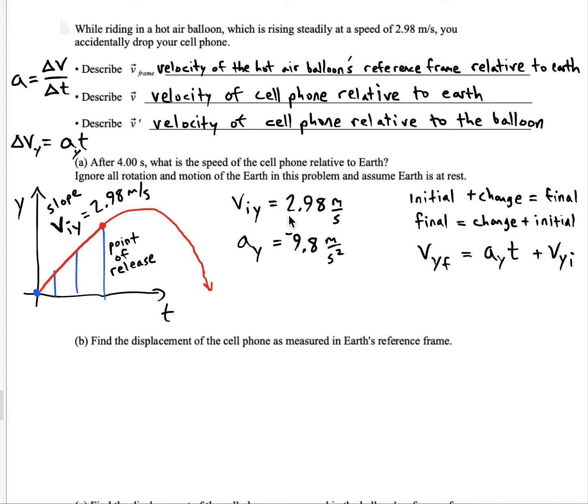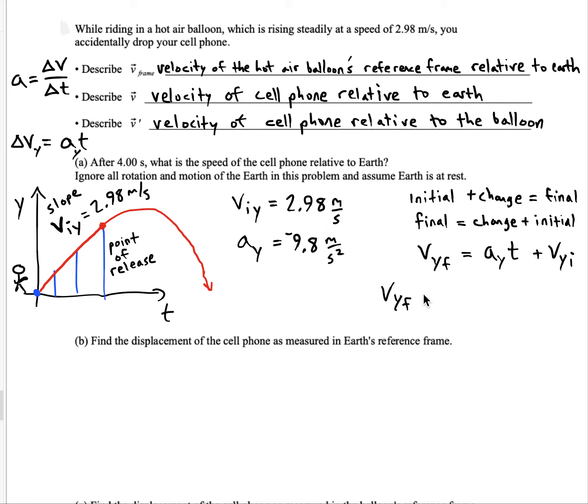All right, we assume that the cell phone is moving relative to a person who's watching it from ground. So if a person is standing here on ground, stationary, they believe that cell phone is traveling upward when it's released. And so when you do the calculations, you do put in the 2.98.